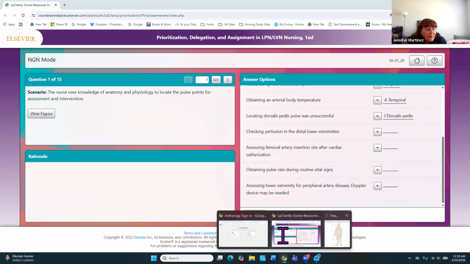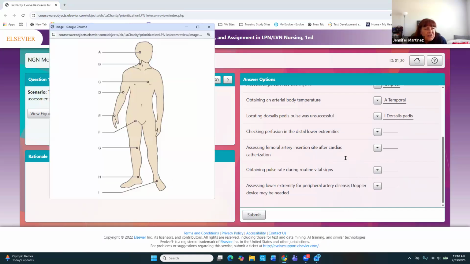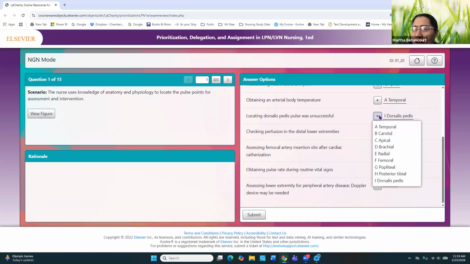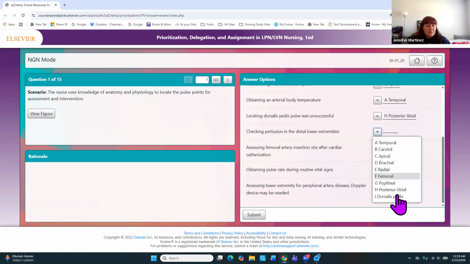Checking perfusion in the distal lower extremities. Can we switch the one before to H and then that one I? Okay, so this one would be H and then this one would be I.